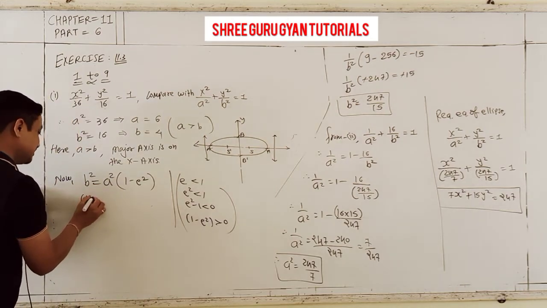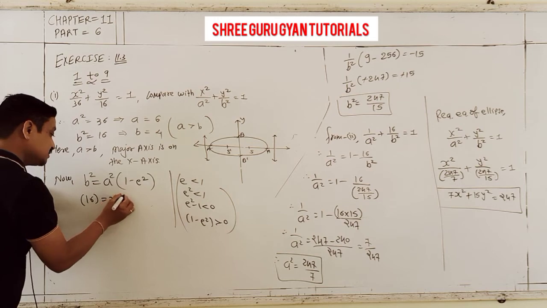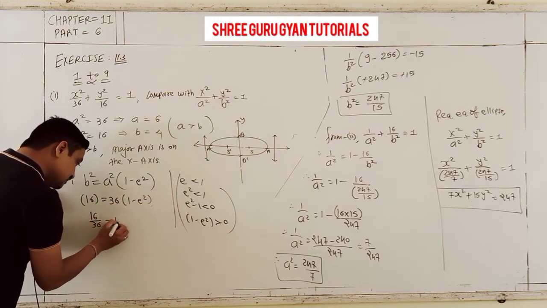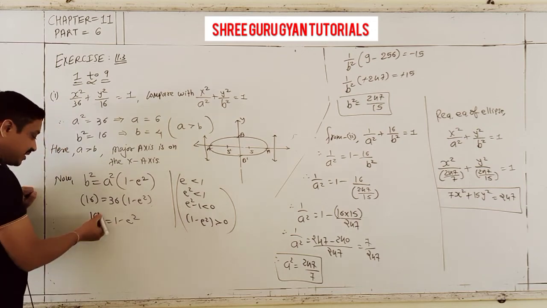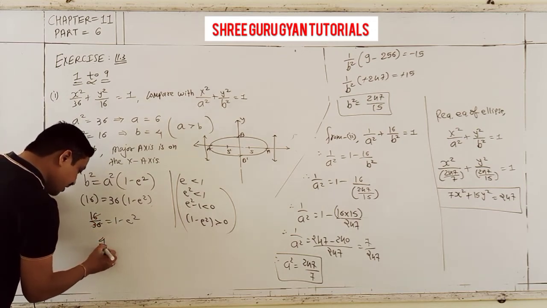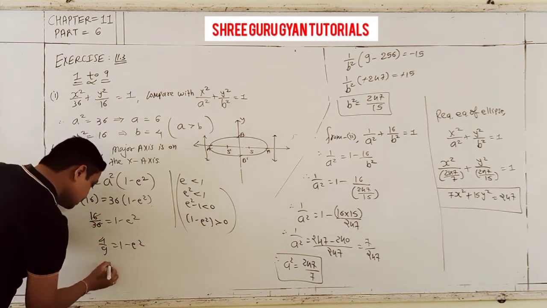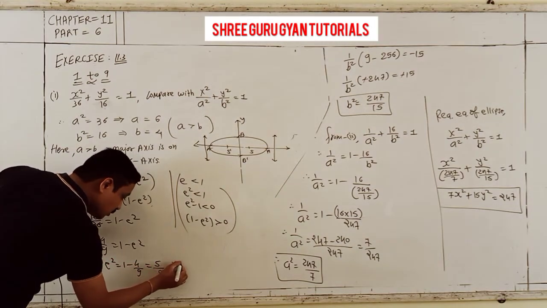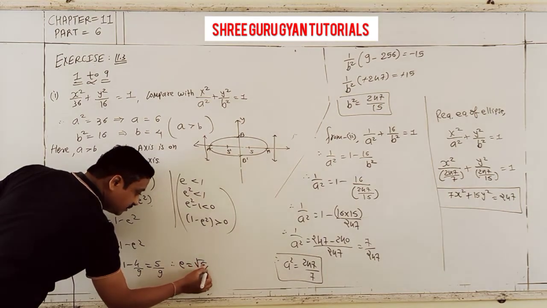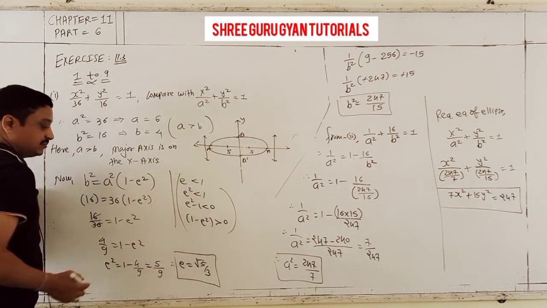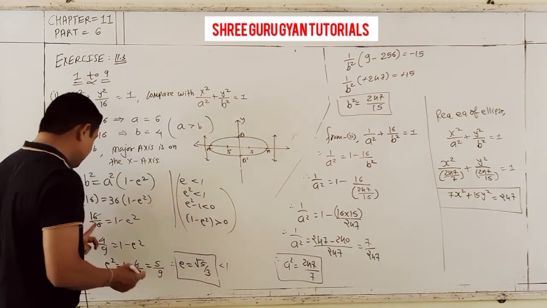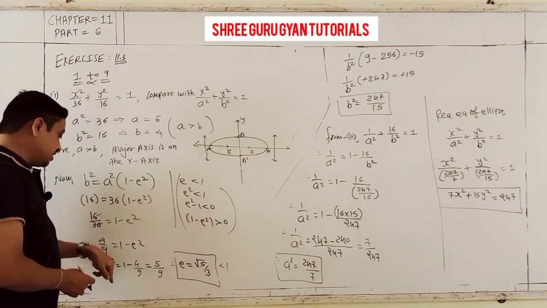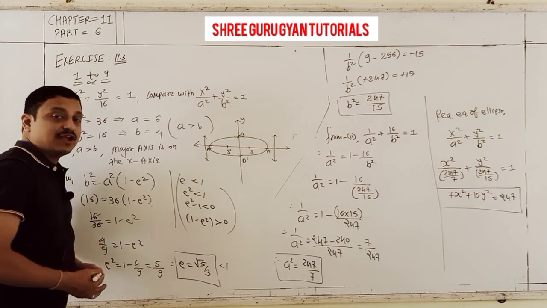B square is 16, a square is 36, so 16 by 36 equals 1 minus e square. Here cancel, 4 4s are 16, 9 4s are 36. So e square becomes 1 minus 4 by 9, that is 5 by 9. So what is e? Root 5 by 3. Eccentricity done. And check: 4 by 9 and 5 by 9, it is root 5 by 3.